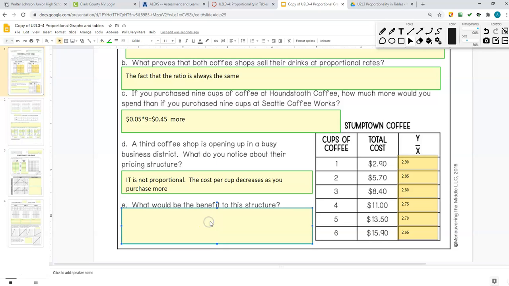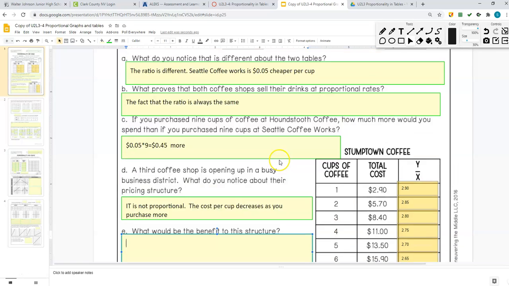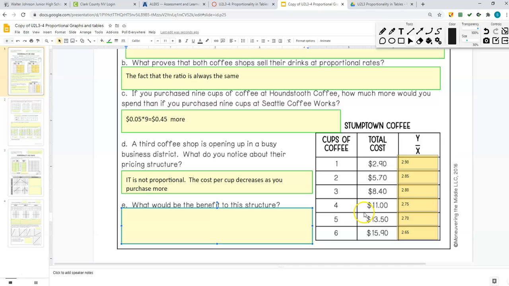What would benefit you in this structure? Like, where is it then cheaper than here? So if you buy 5 cups of coffee or more, then Stumptown is cheaper. Alright.